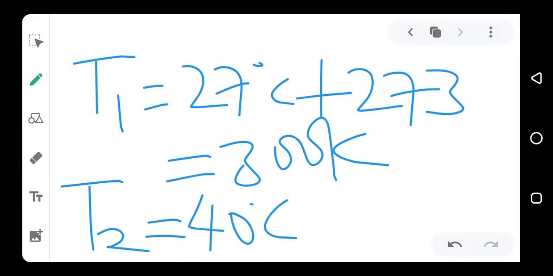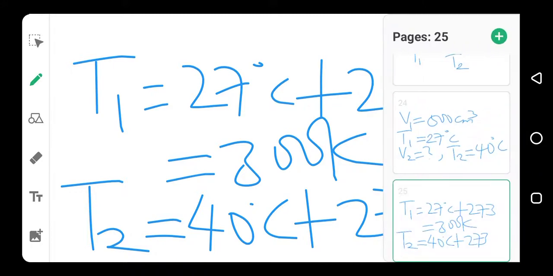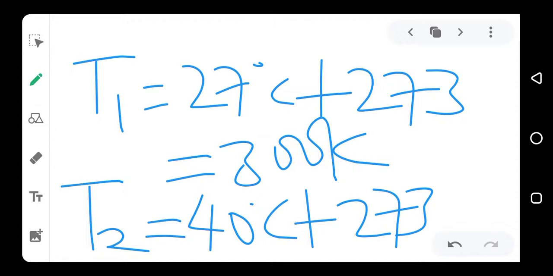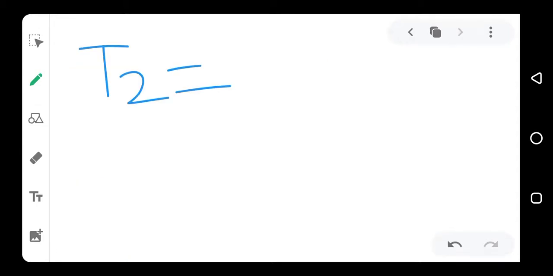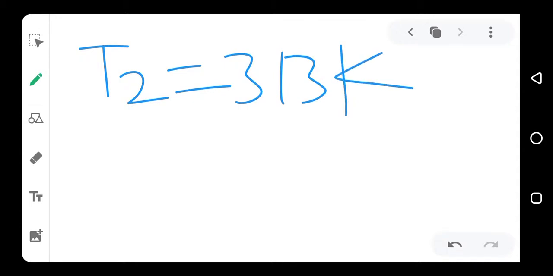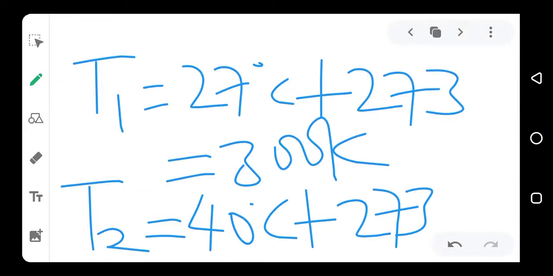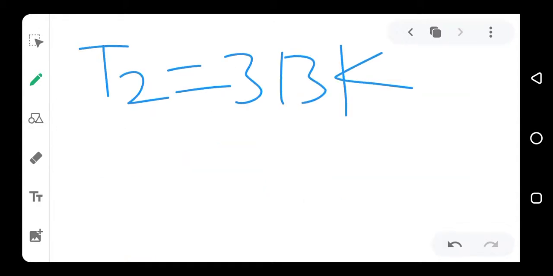Now the T2 is also in degrees Celsius, so we have to convert it. To convert 40 degrees to Kelvin, we add 273 again, so our T2 is equal to 40 plus 273. This will give us 313 Kelvin. Now we have that our T1 is equal to 300 and our T2 is equal to 313.